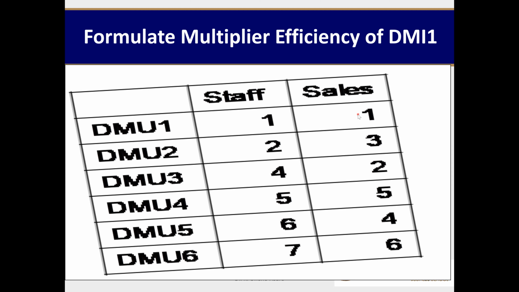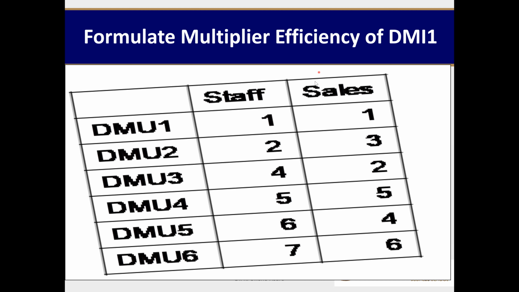But remember, each value must be weighted. The weight assigned to the output is usually U, and the weight assigned to the input is V. Because there is only one output and one input, you have U1 and V1.